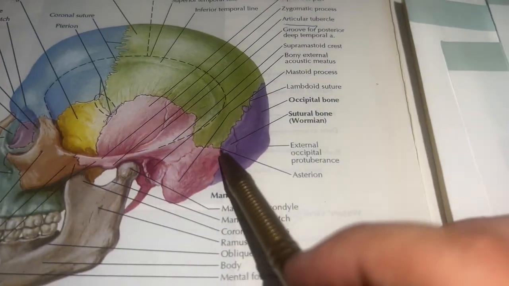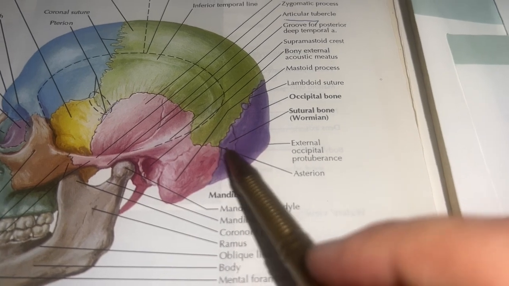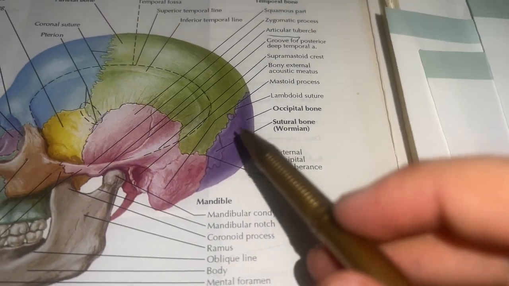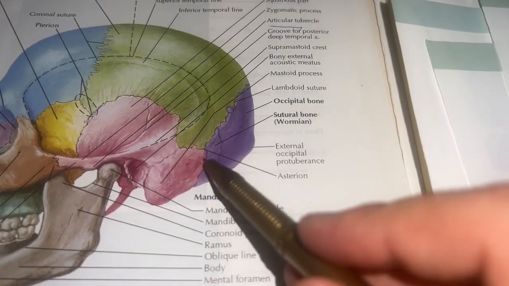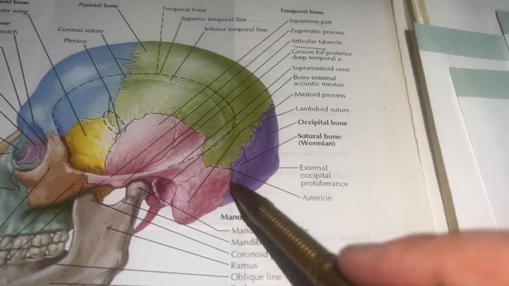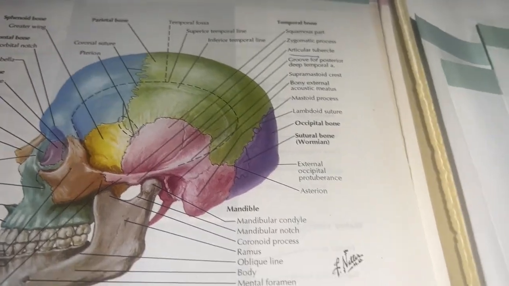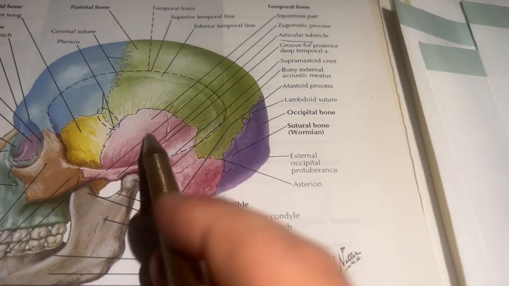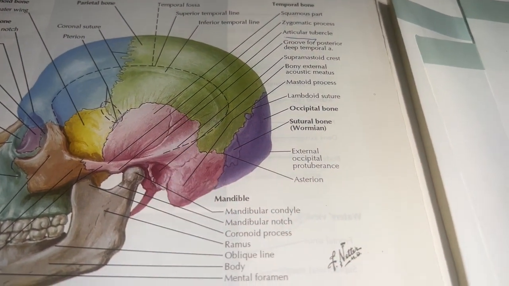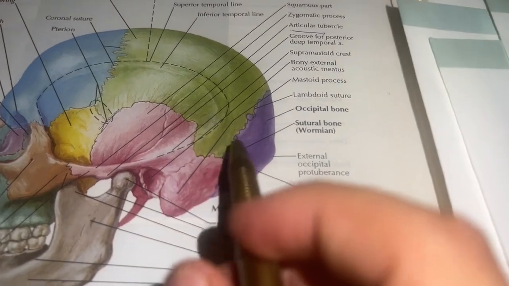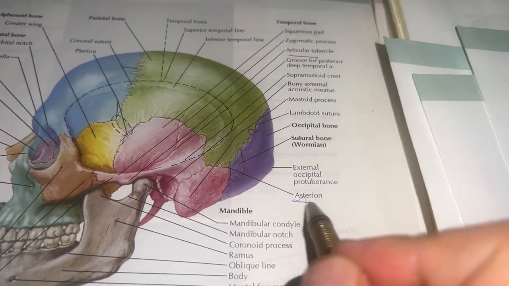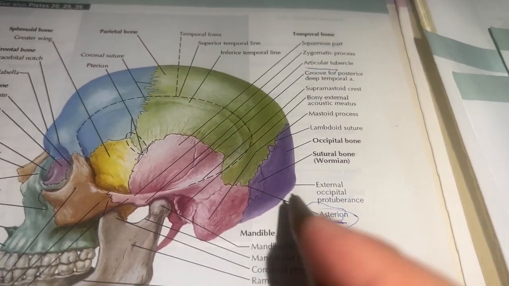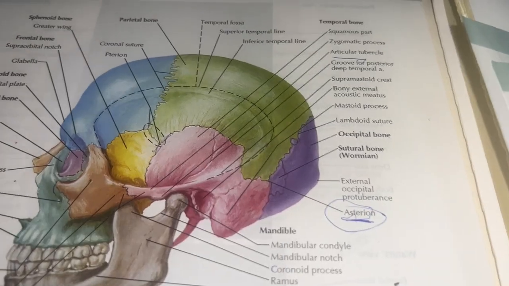Now this landmark is Asterion, and it is made by the meeting point of the lambdoid suture, the occipitomastoid suture, and the squamosal suture. Its importance is that it overlies the sigmoid sinus.